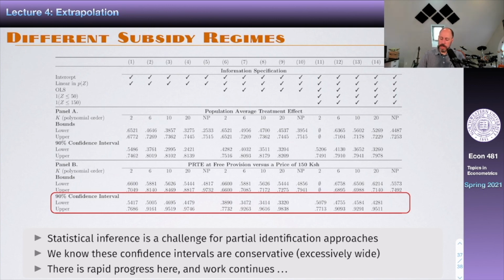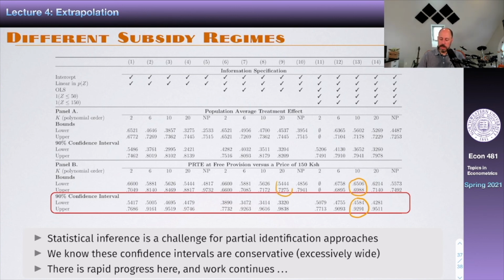Even in a case like this, where I said, look, what you obtain is actually quite informative, the minute that you add inference to that, it is informative, but it is still quite a bit wider than what you had before. And this is again because it is difficult to do inference in linear programs in general. So you're going to see that oftentimes the confidence intervals are going to be wide.